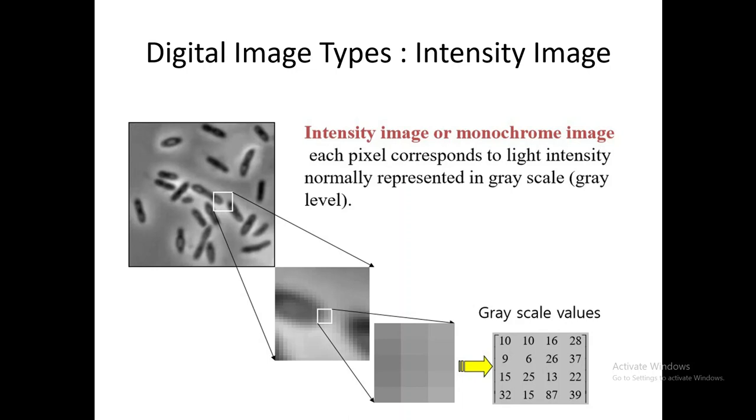The elements of the matrix are grayscale values which the program has to deal with. You could write a program that will look at these numbers and make sense of them and tell us whether there is a worm or bacteria or something else in the picture.